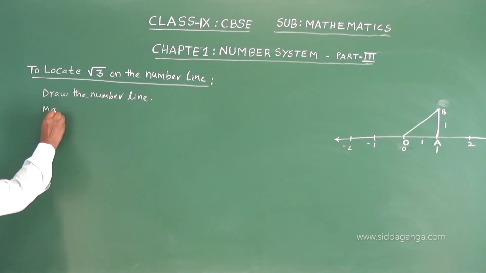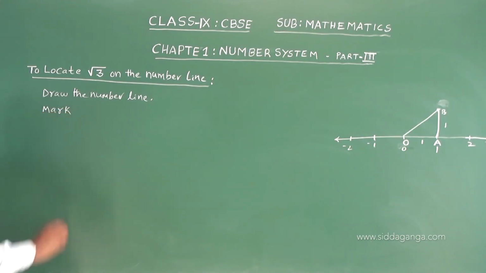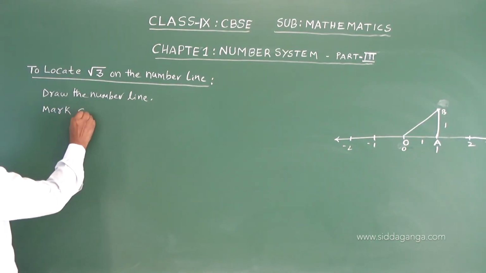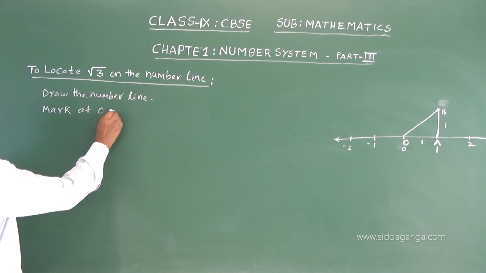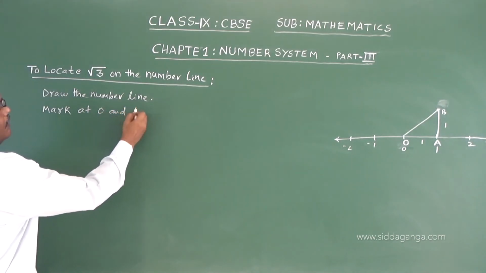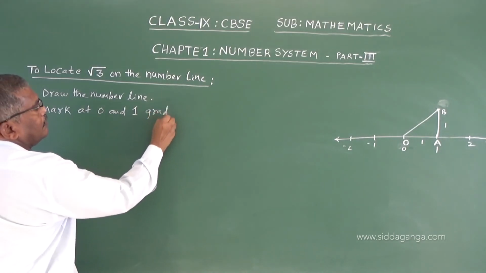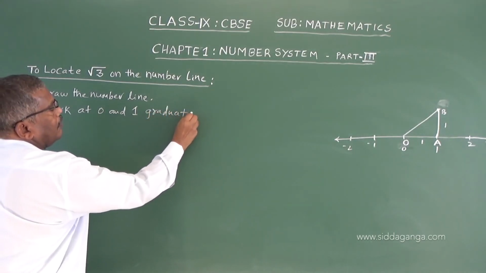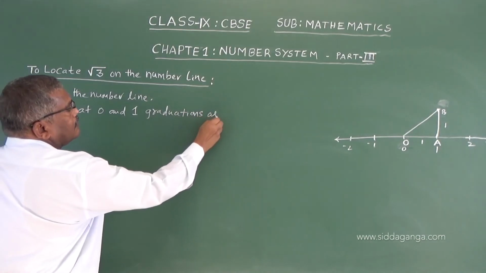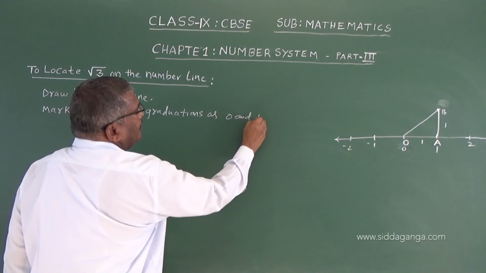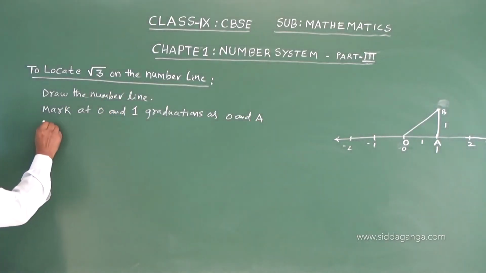Mark at 0 and 1 graduations as O and A respectively.